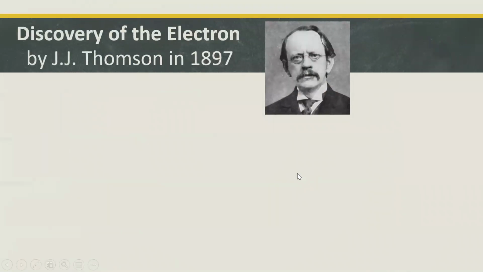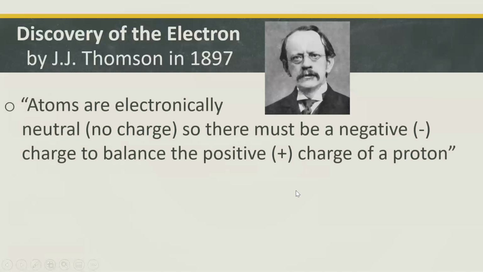So looking at the discoveries of these subatomic particles, the electron was discovered in 1897 by J.J. Thomson. He basically thought or said, atoms are electronically neutral, meaning atoms do not have a charge. So there must be a negative charge to balance out the positive charge of a proton.